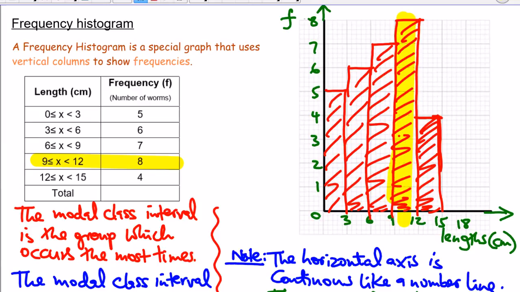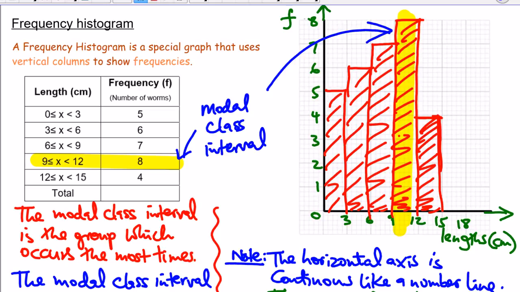So you can see this is the modal class interval, and of course there as well, that is the modal class interval. So from the frequency histogram, you can see that the modal class interval is the one that forms the tallest column, and from the table, the one that has the highest frequency.